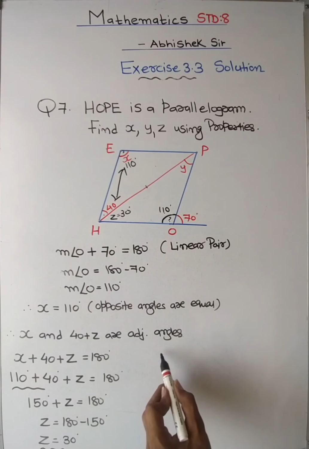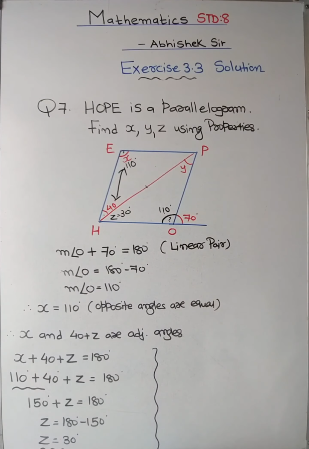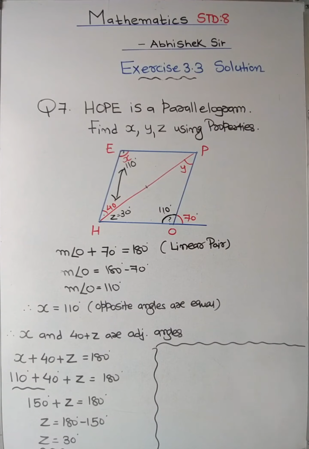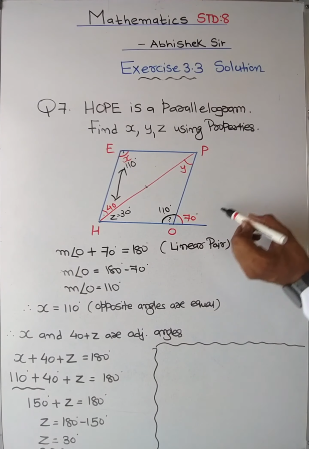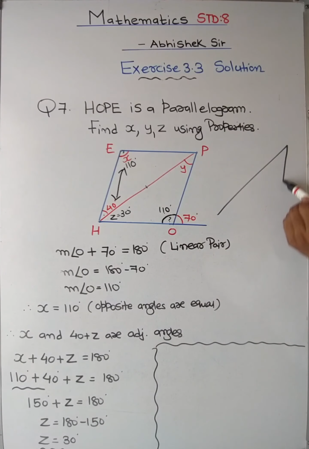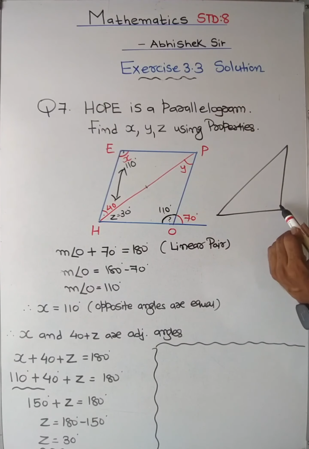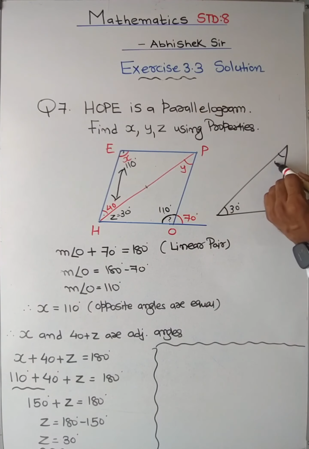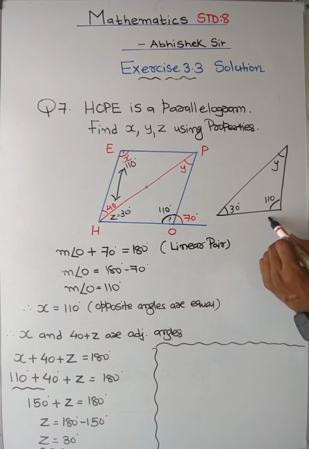Now moving on to the last portion. Here we have to apply a bit of common sense. We have a triangle over here in which this angle is 110, z that we have got is 30. Now only one is left, that is y. So can we use the angle sum property? Clear?